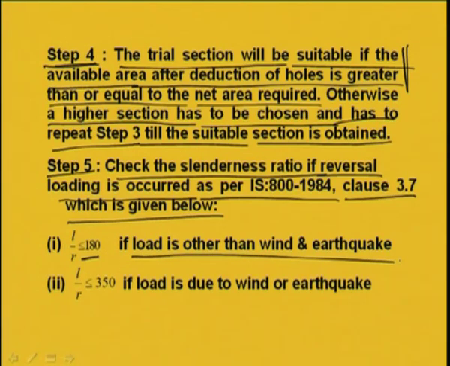If other than wind and earthquake, then L by R should be less than or equal to 180, and if load is due to wind or earthquake, then L by R should be less than or equal to 350. So, as per the clause 3.7, this codal provision has to be checked.